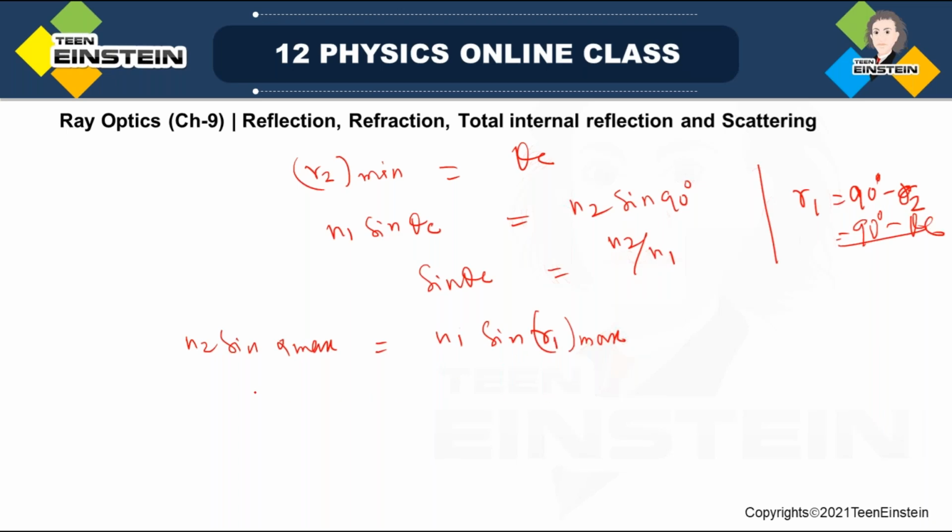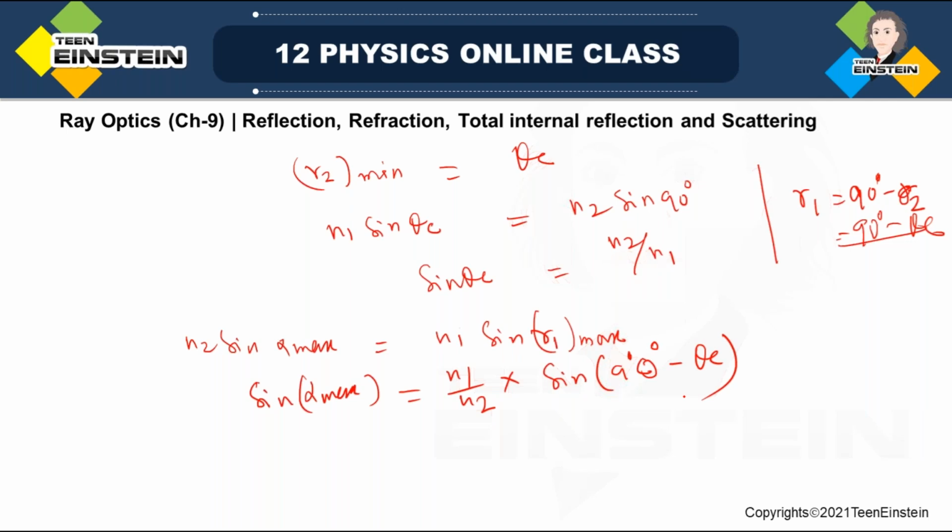So we'll just put it here, n2 is fine, so sine alpha max is n1 by n2 into sine r1, sine r1 means 90 degree minus theta c.